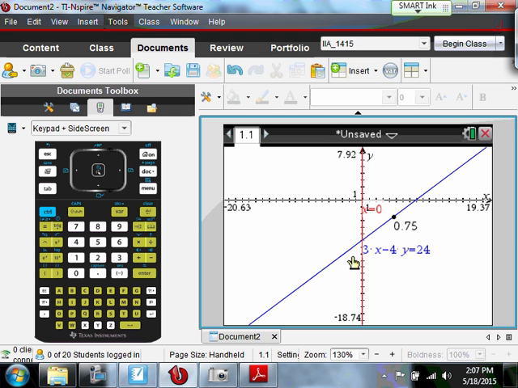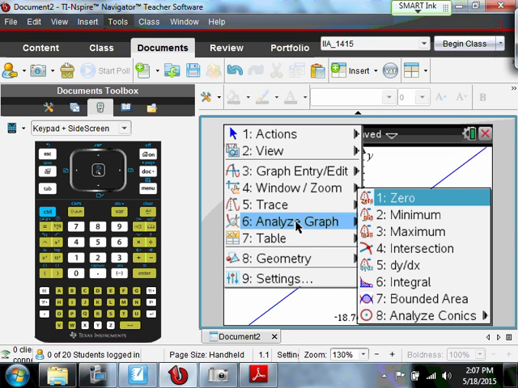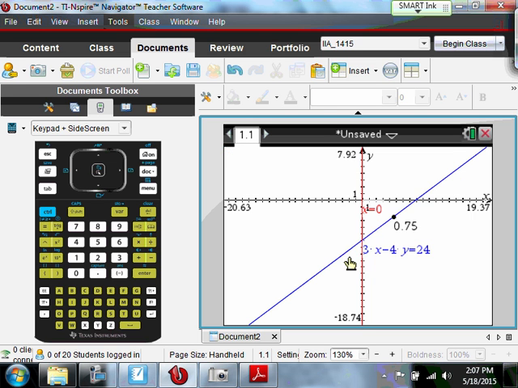I have to hit it on the line? From left to right? I don't know. Let's see. Menu, analyze, intersection. Over here, over here. It's not doing it. If anybody finds a way, it's probably easier just to plug in 0 for x and solve for y, yeah.